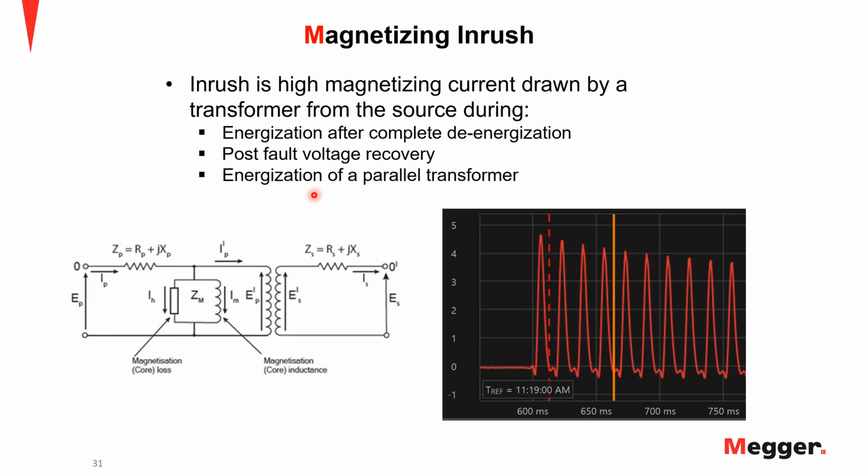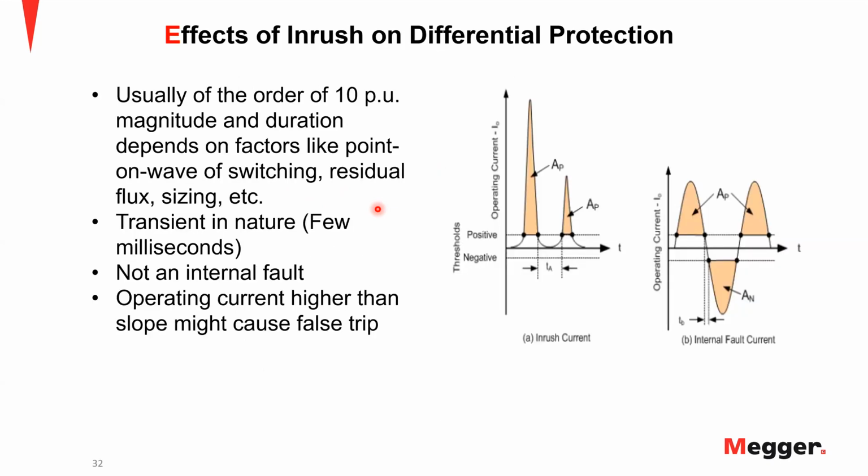And then another scenario is when you have multiple transformers in parallel configuration and you're energizing a parallel transformer, you can see magnetizing inrush currents. So do we want the differential to trip on magnetizing inrush? We don't want it to trip because it's a normal condition. We are only energizing a transformer and it's not a fault condition.